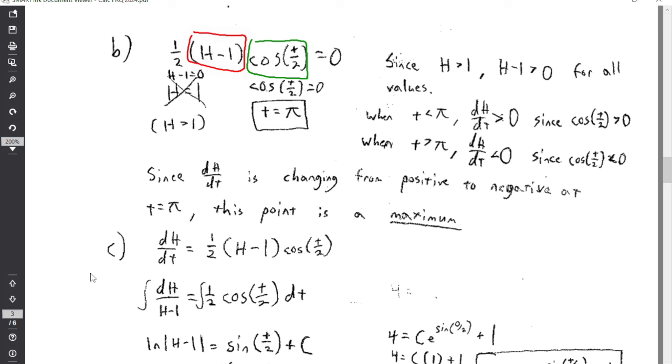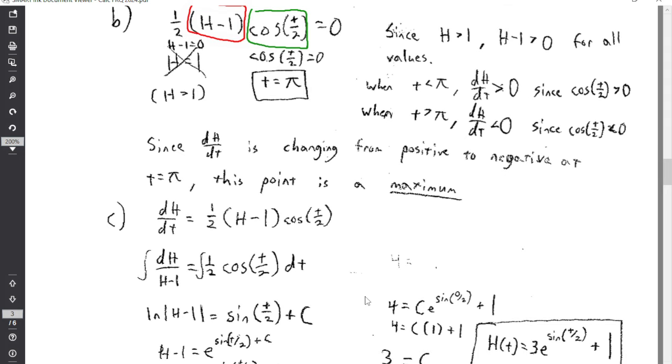So I'm going to rewrite with e to the power of everything on the right equals h minus 1. And I got rid of those absolute value bars because we said h was bigger than 1. So there's nothing I can put into here that will make it negative. So that's why it was safe to get rid of those absolute value bars.